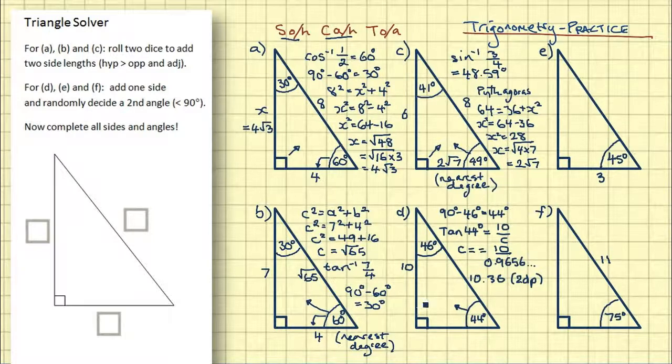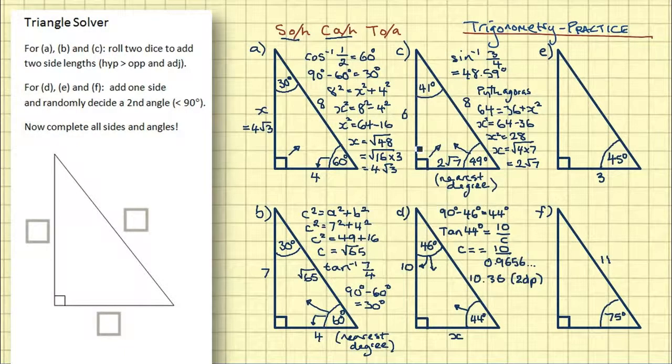Okay, now how do I get this one? Well, a number of different ways. I'm going to use this 46 degree this time. So I've got my opposite that I'm trying to find. Let's call this, should we call it X this time? Okay. So my unknown value now is X, and that's opposite the angle that I'm going to use. I'm going to use my 10 again because that's a nice number, and the 10 is adjacent to the angle, so I've got opposite over adjacent.